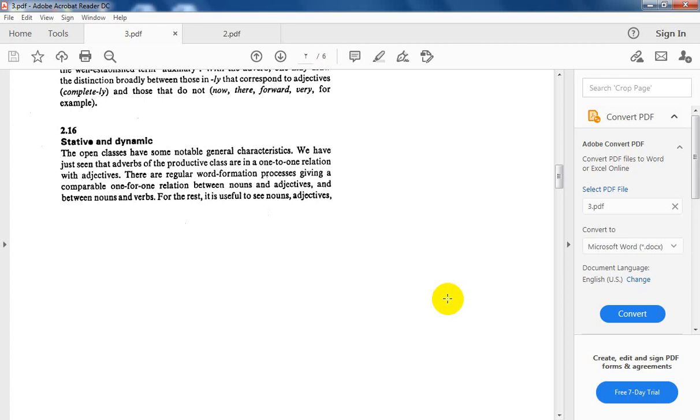Let us agree on one point. All the closed system items are what? Are stative. All the closed system items are stative. All the articles are stative. Pronouns stative.